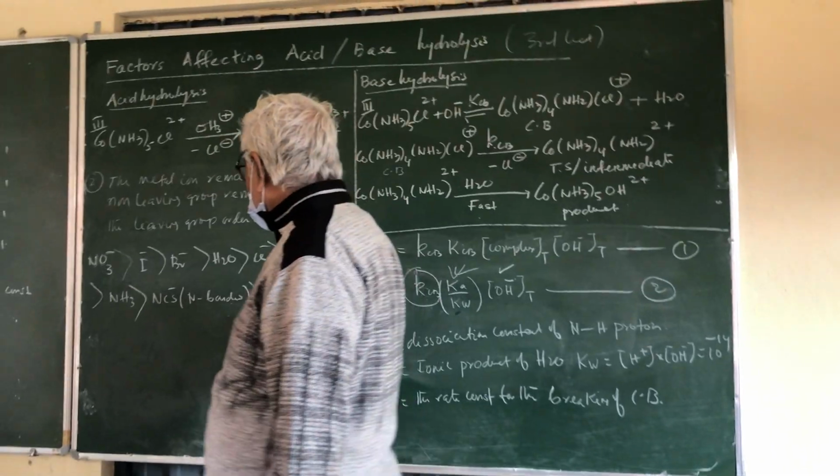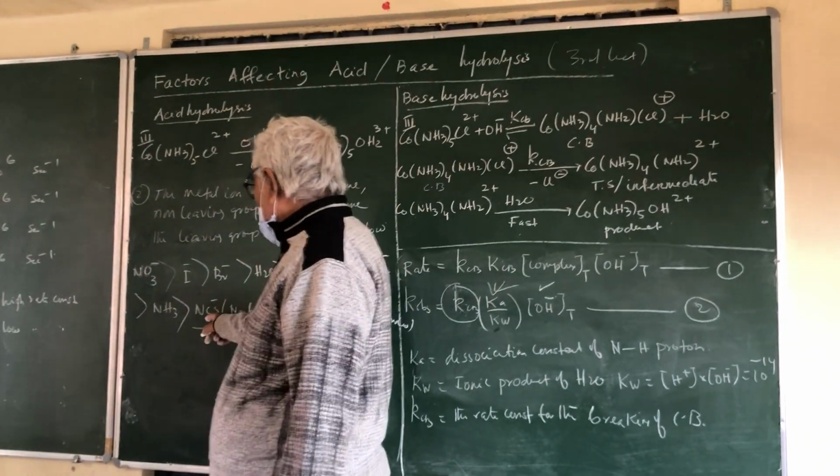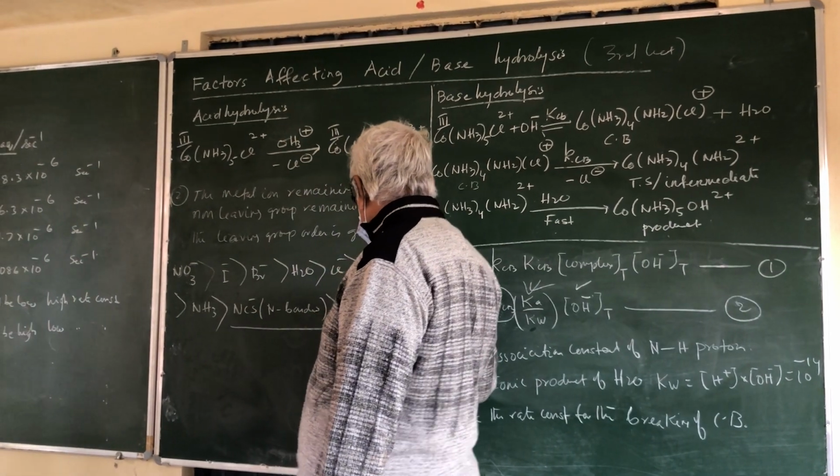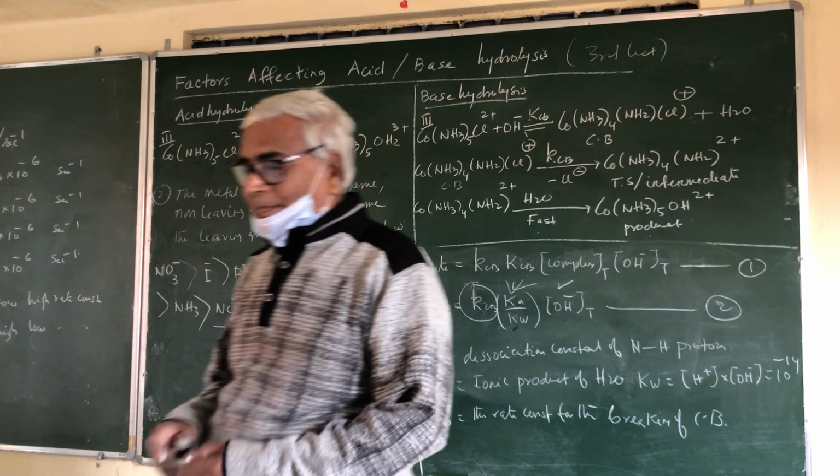Now let us look at these systems: N-bonded NCS, phosphate, nitrite, hydroxide. Here the rate of aquation will be extremely slow.